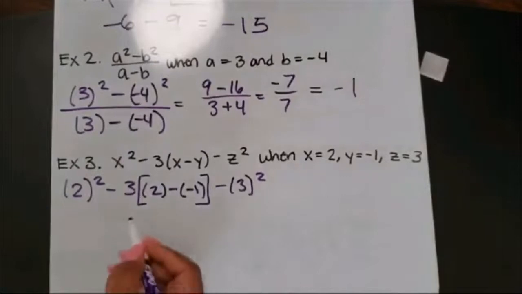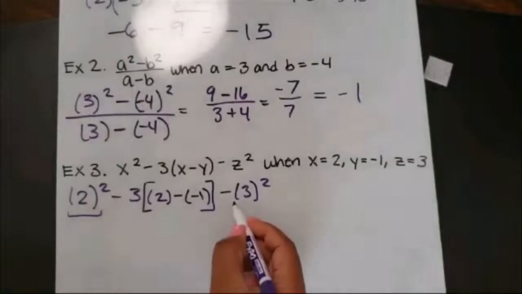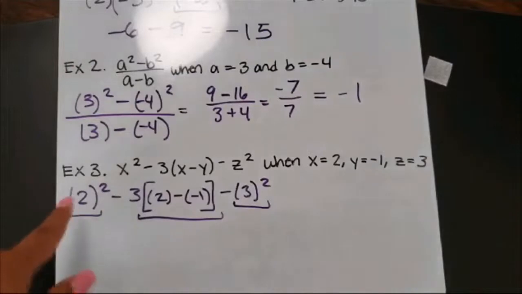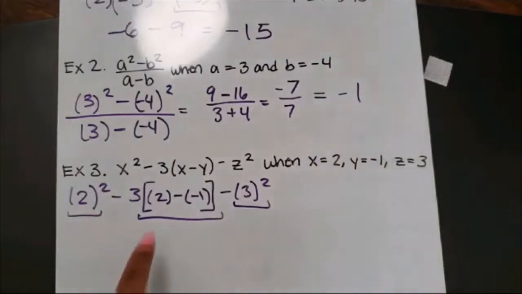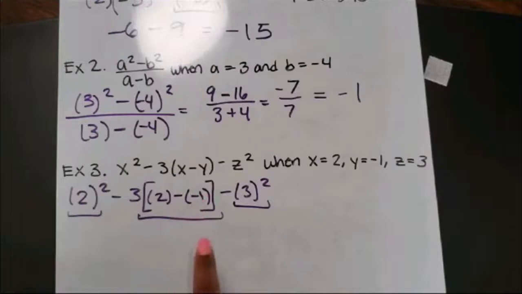So the first things that we need to figure out are the parentheses or the brackets, and then our exponents. We know that 2 squared is 4. We know that 3 squared is 9. Inside of these brackets, we have 2 minus -2, which is 2 plus 2. No, 2 plus 1. So we have 3 inside of the brackets.